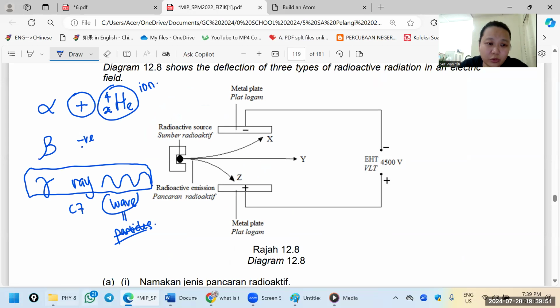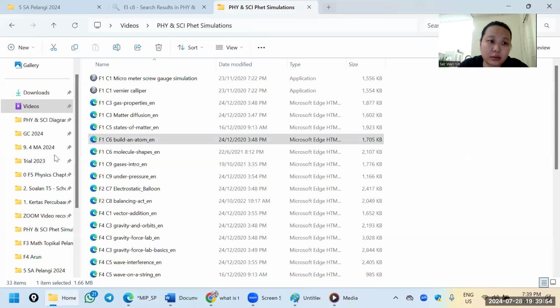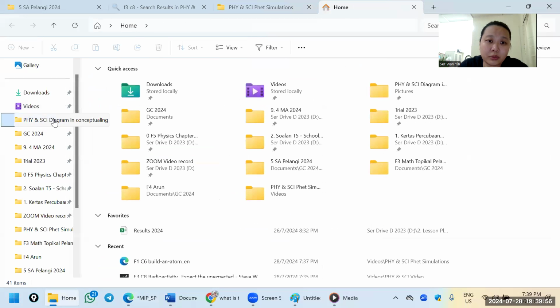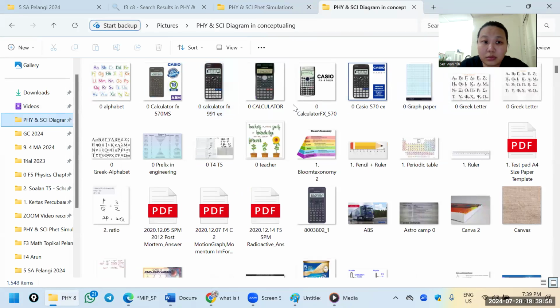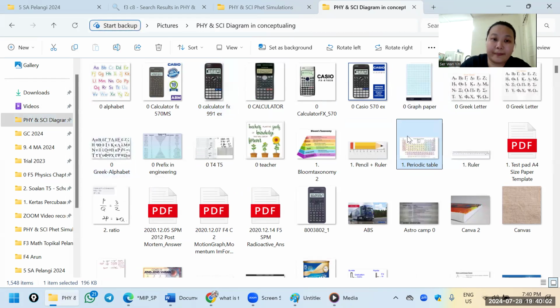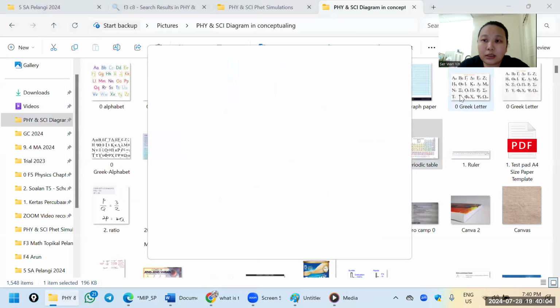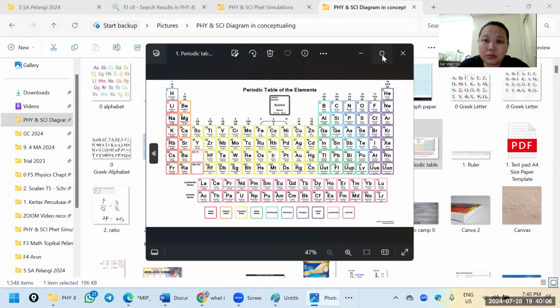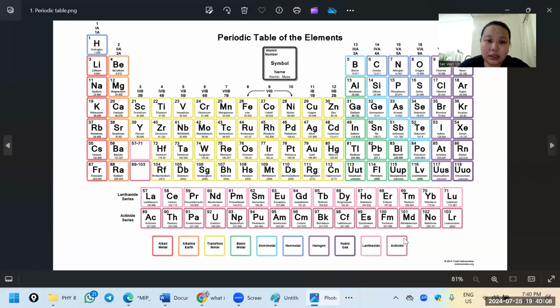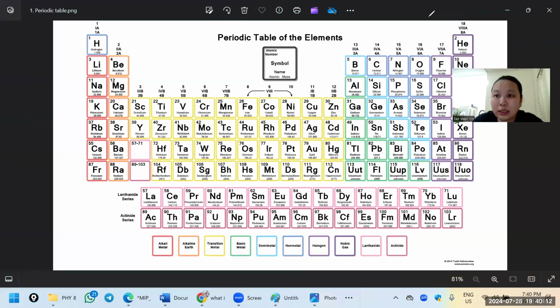Then what is 4,2? Actually, it's according to your periodic table too. Where's my periodic table? So actually, alpha is helium. Where is it? Oh, here.